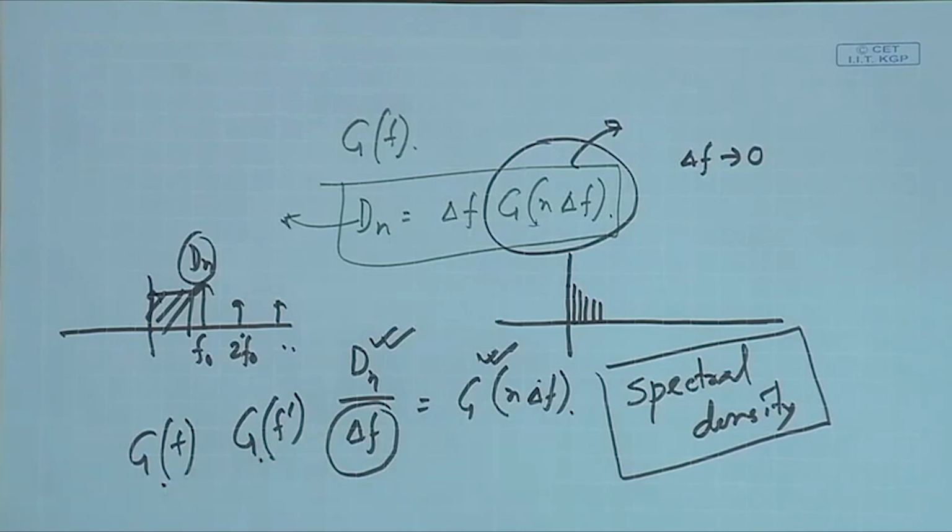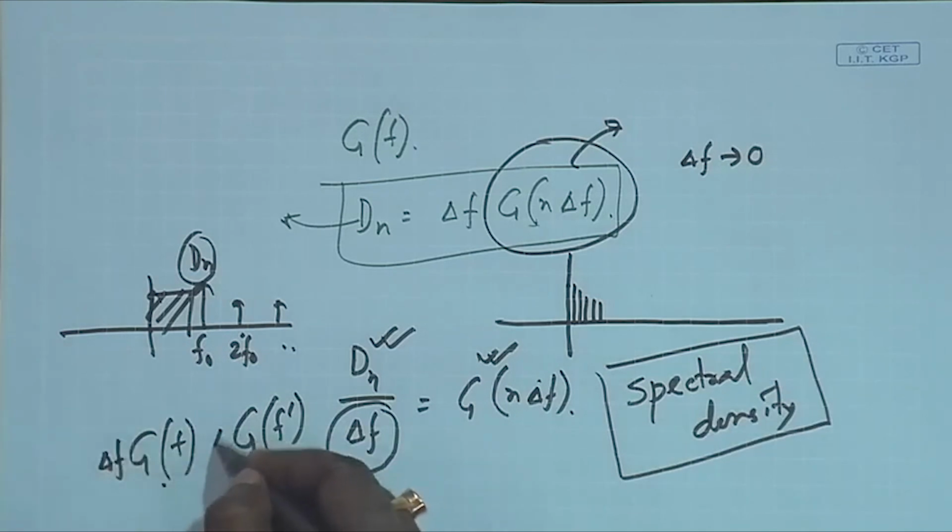Their relative spectral strength is intact, but their actual spectral strength, if del f is tending towards 0, is 0 for both of them. If you wish to calculate the actual strength, it must be multiplied by del f to get the equivalent value with respect to d_n. Once I do that and del f tends to 0, I do not get anything.